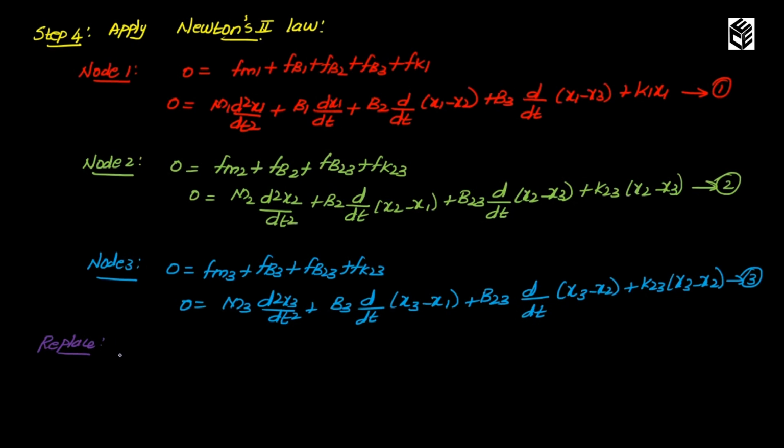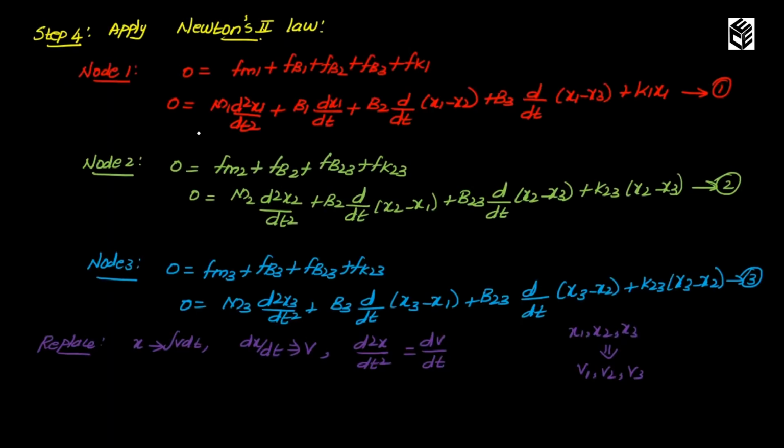In these three equations, I am going to replace the value of displacement in terms of velocity. That is, I am going to replace x as integral v dt, dx by dt as v and d square x by dt square as dv by dt. Since we have three displacements x1, x2 and x3, we will be having three velocities, that is v1, v2 and v3.